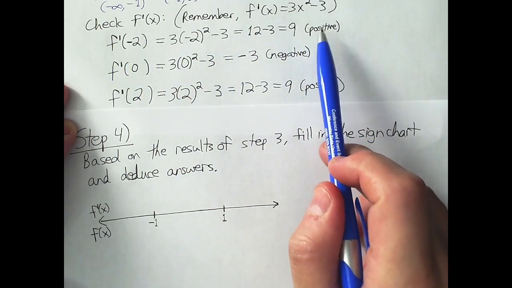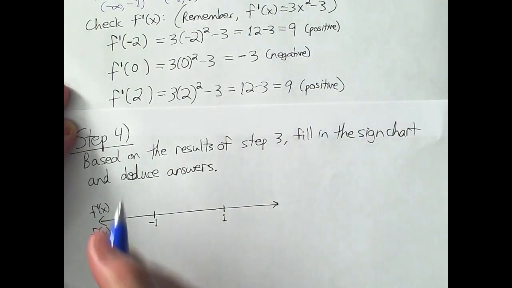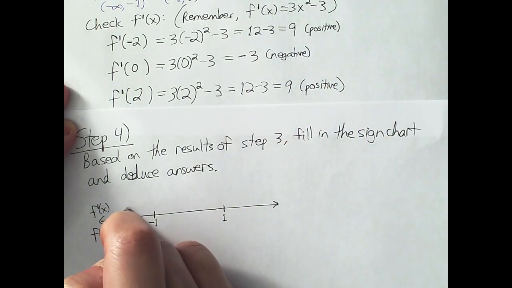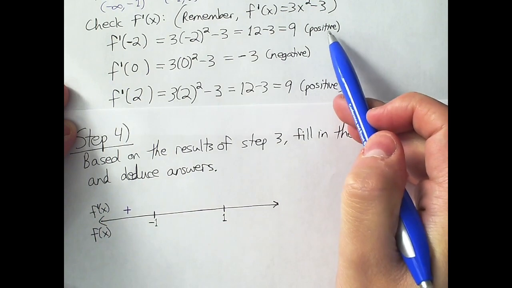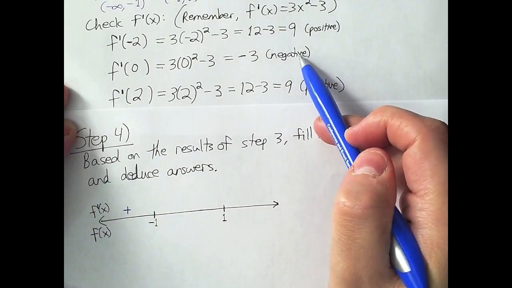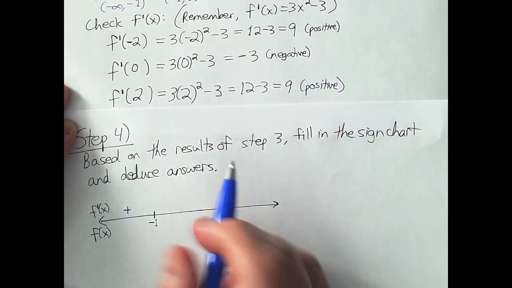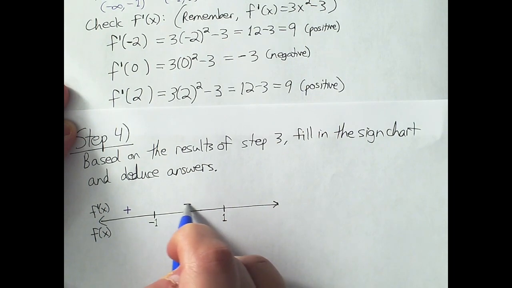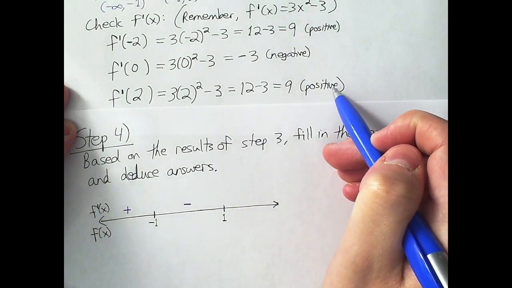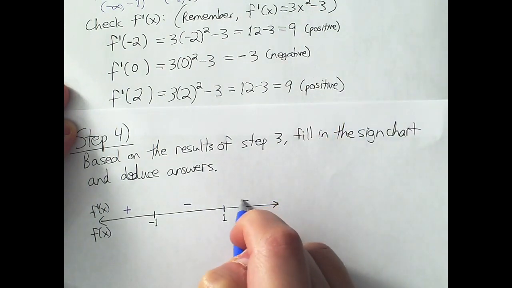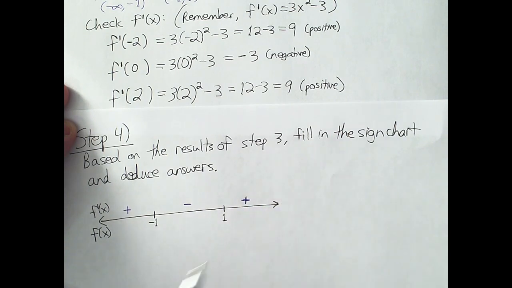And the way that I'm going to indicate that on the chart is I'm going to just put a plus sign here. In the second interval, f prime was negative, and I'm going to indicate that with a minus sign. And in the third interval, f prime was positive, and I'm going to write a plus sign to indicate that. f prime goes positive, negative, positive.